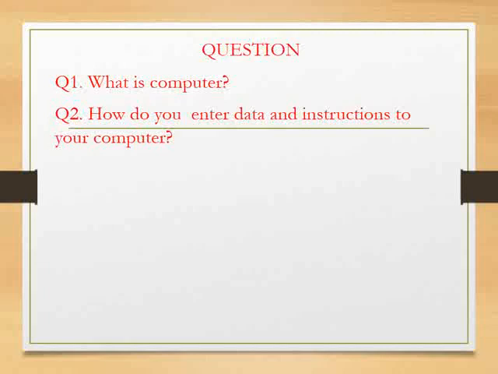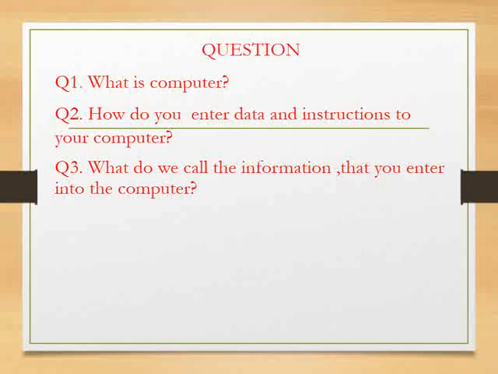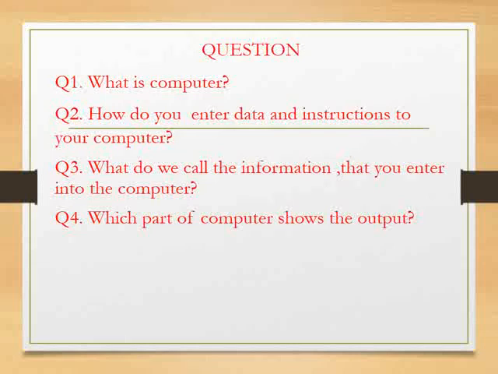We can enter the data or instructions to our computer using the input devices like keyboard and mouse. What do we call the information that you enter into the computer? This is known as input. Which part of computer shows the output? Output can be seen on monitor.